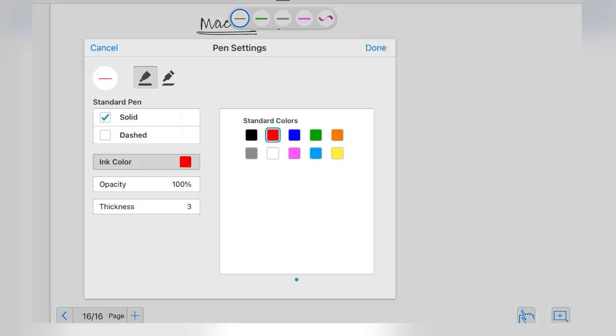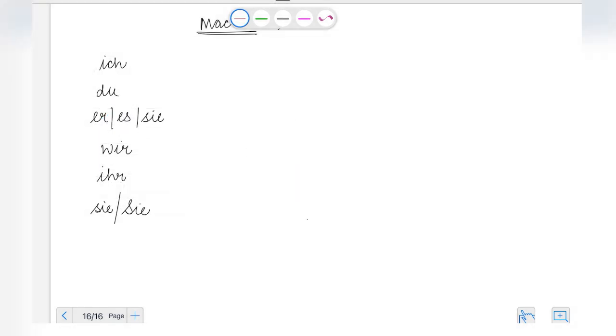Before moving on to the conjugations, this sie means she, which is third person singular. This sie is they, and with capital S, that is formal you. Usually people get confused in this, but you should know the meanings.